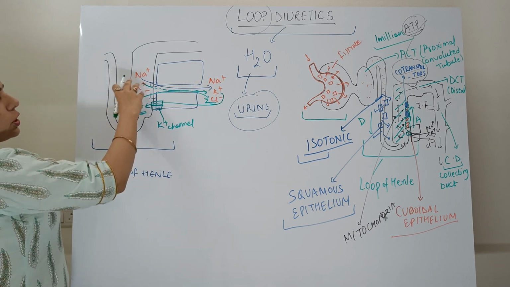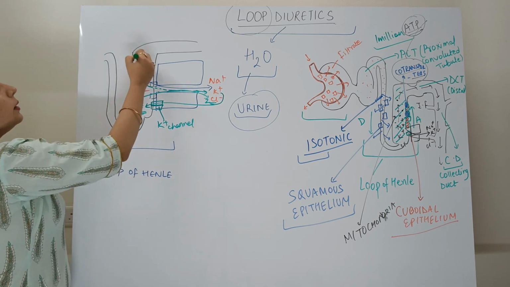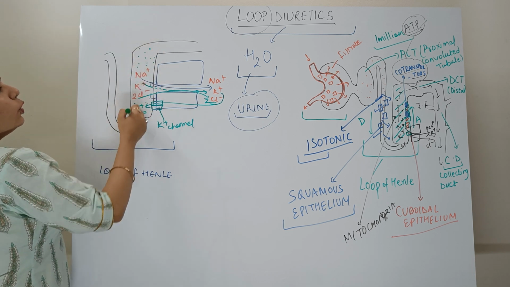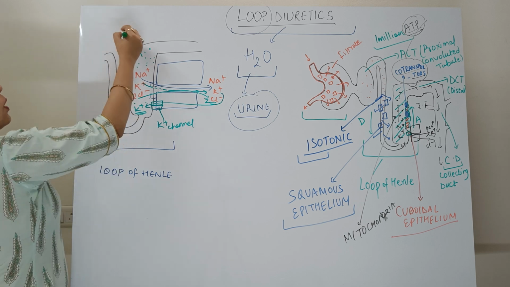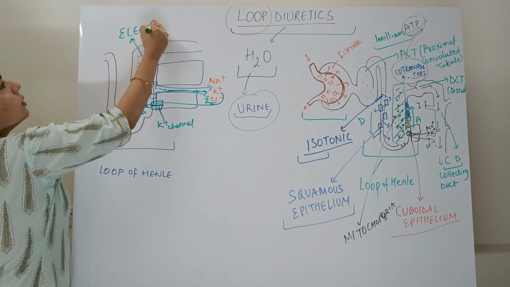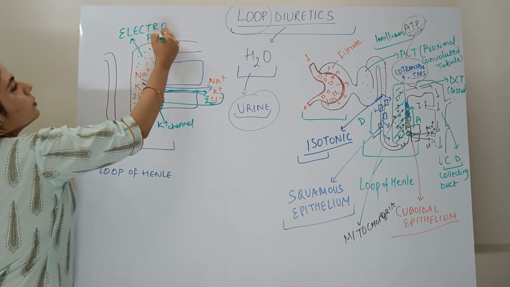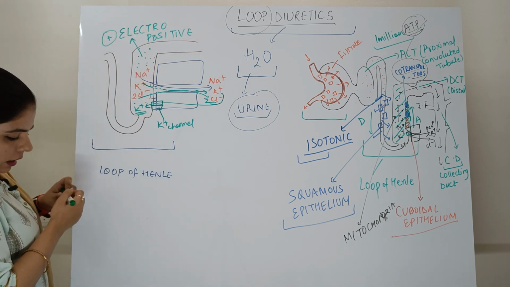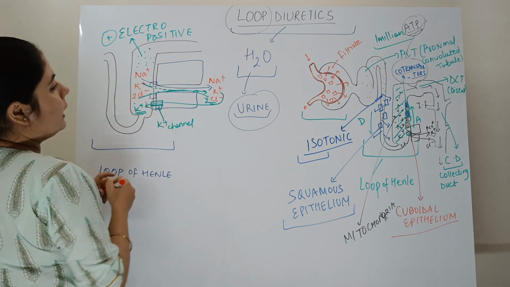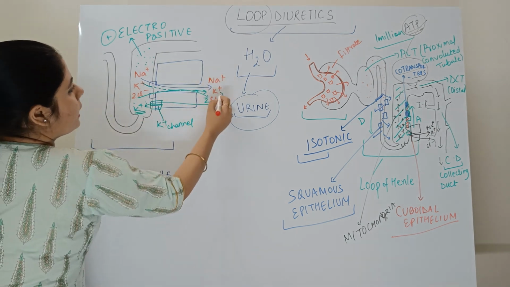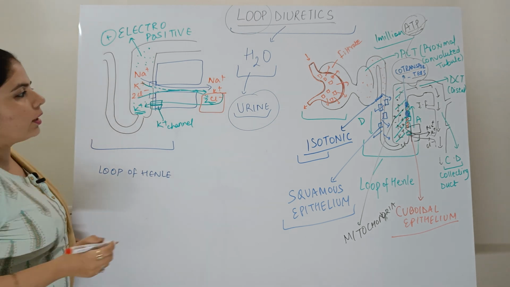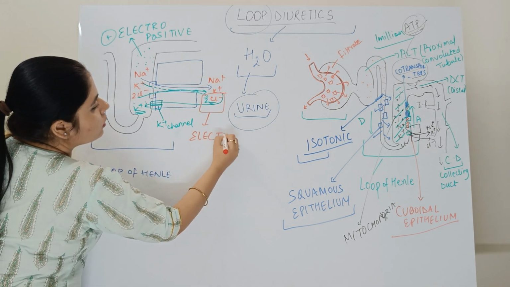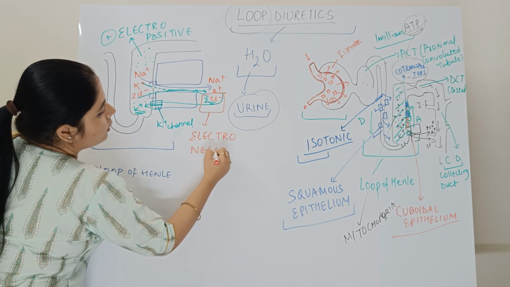So when the potassium gradient is higher here, the fluid inside the ascending loop of Henle is now electropositive, right? But the interstitial fluid here is rich in the negative ionic concentration, which makes the fluid here electronegative.